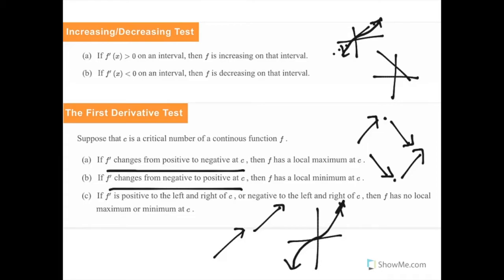Even though there technically is a critical value there at 0, it does not mean that's a maximum or a minimum. Same thing if it was going down to the right and then down to the right. So in that last case, we don't necessarily have a maximum or a minimum if we have a first derivative that is equal to 0.